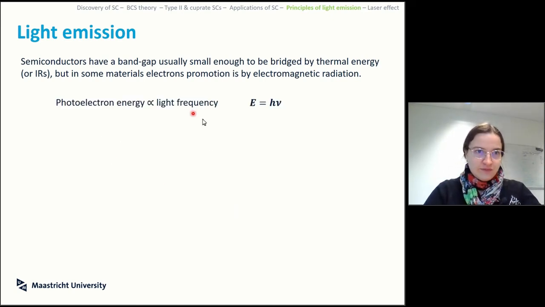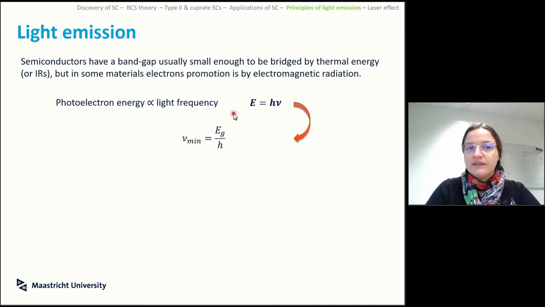The photon energy is proportional to the frequency of the light, following this law that many of you might be very familiar with, which means that you have a minimum frequency for bridging the gap that is correlated by this equation.